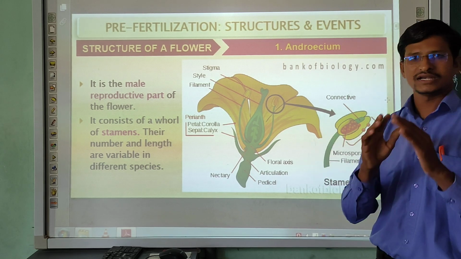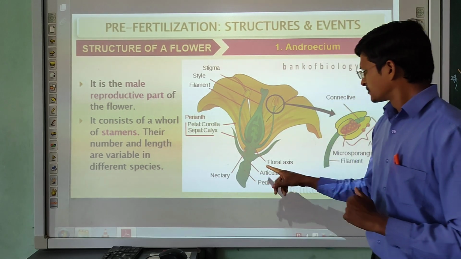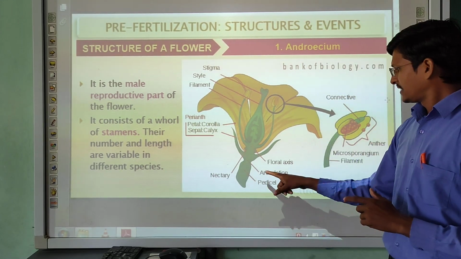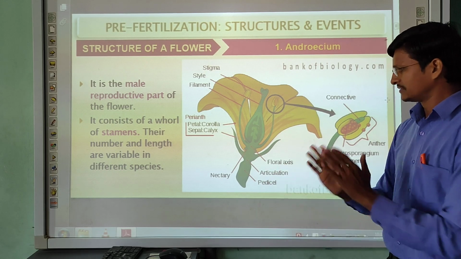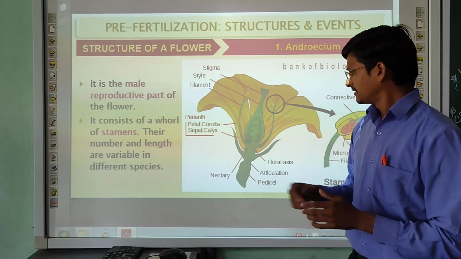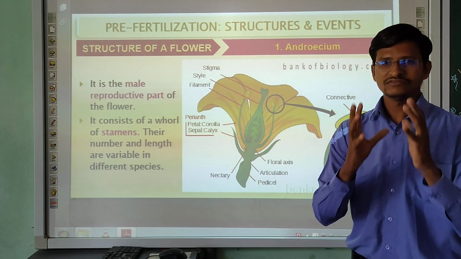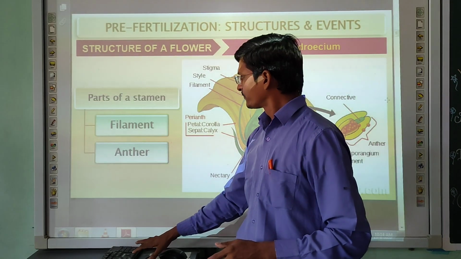Inside the anther are the pollen grains, you notice. Then there is the floral axis, the articulation, and then the pedicel, which provides the base of the flower, and the nectary, which is connected to the ovary.